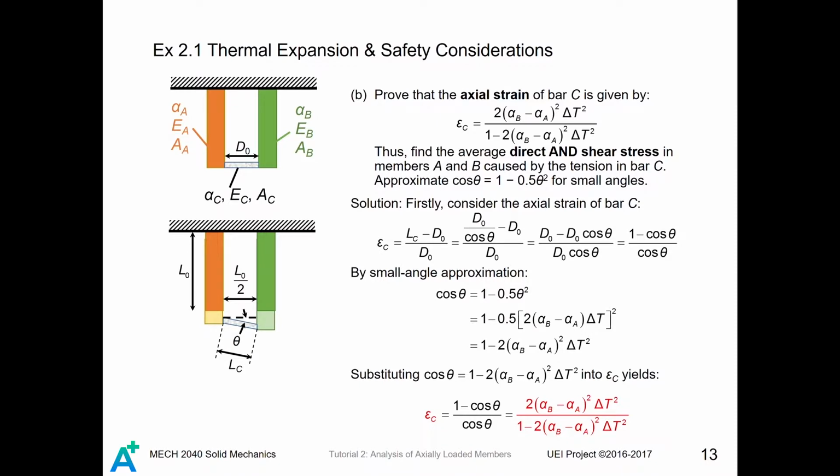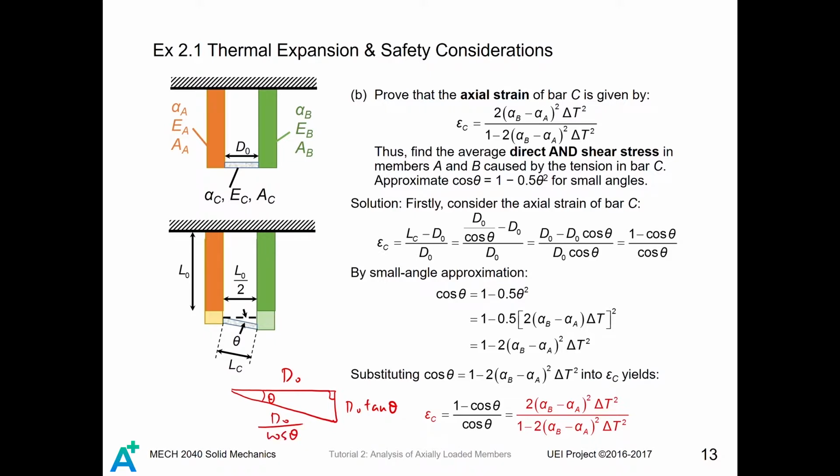For part B, we are going to prove the axial strain of the bar C. So we still consider this right angle triangle, D naught and theta. Then this side becomes D naught tangent theta, and the hypotenuse will become D naught divided by cosine theta.